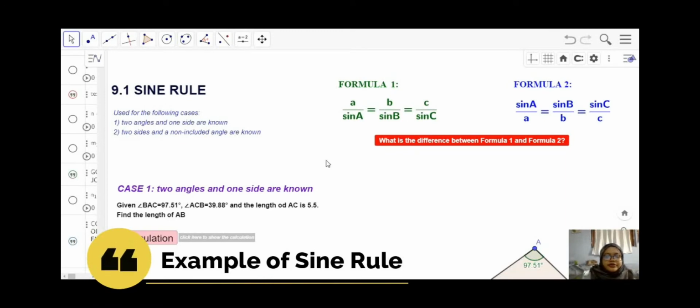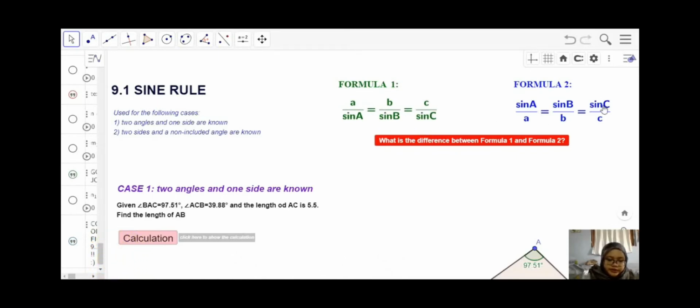Okay, from the video, it is mentioned that we have two types of formula for sine rule.